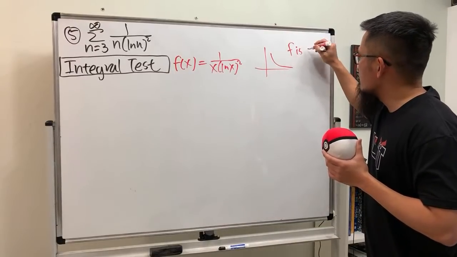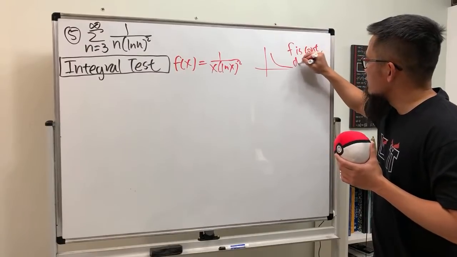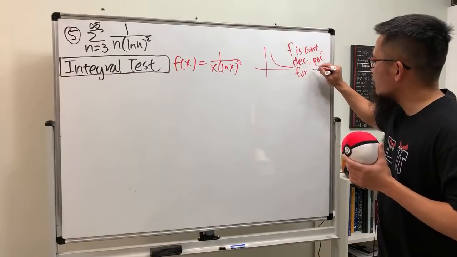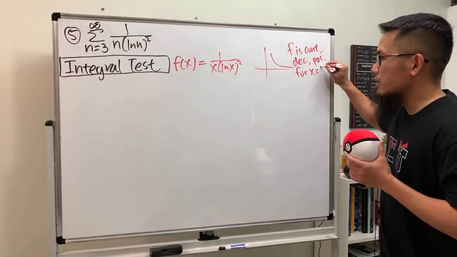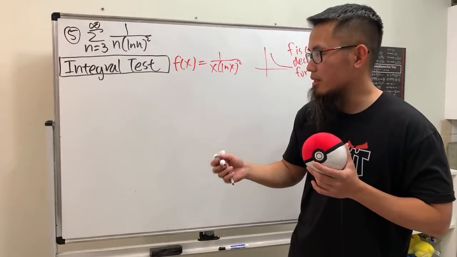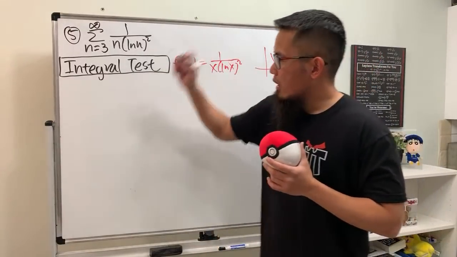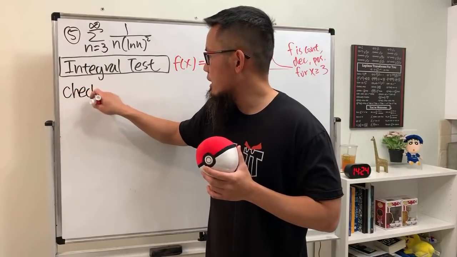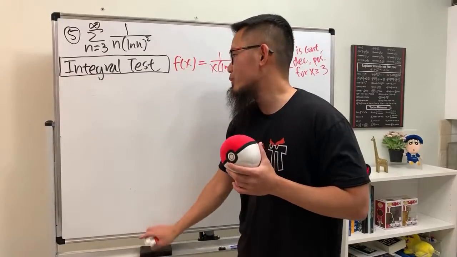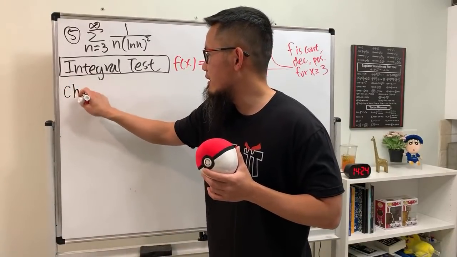Anyway, just write down f is continuous, decreasing, and positive for x is greater than or equal to 3. And then we can be legitimate and use the improper integral test. All right, here's the check. Sorry for the bad handwriting. Here's the check.